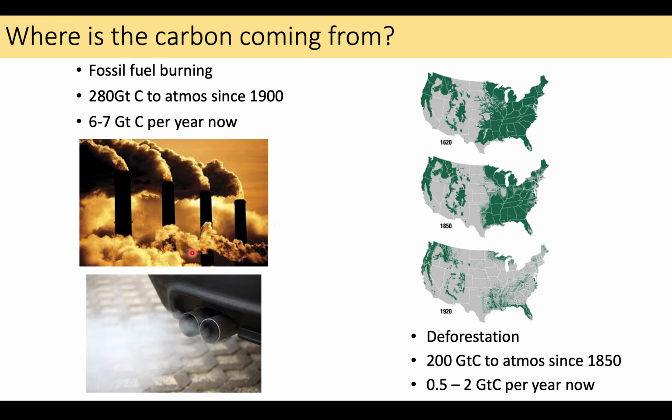So not only are we adding carbon to our atmosphere, we're also removing the main way that carbon is generally removed or cycled in our atmosphere. We're adding to it, and then we're removing the sink. With deforestation, we're getting rid of the natural way that Earth could remove atmospheric carbon.